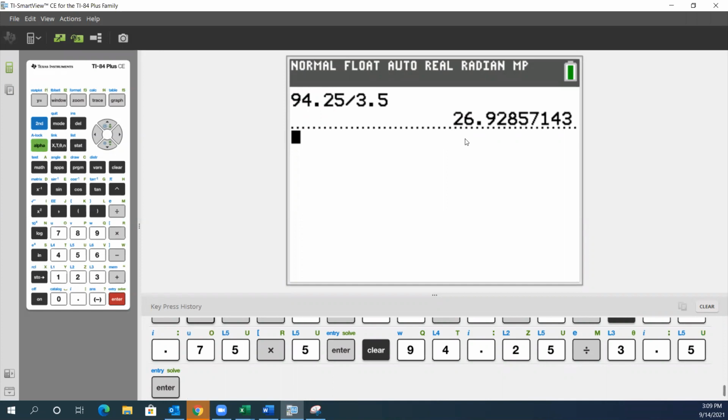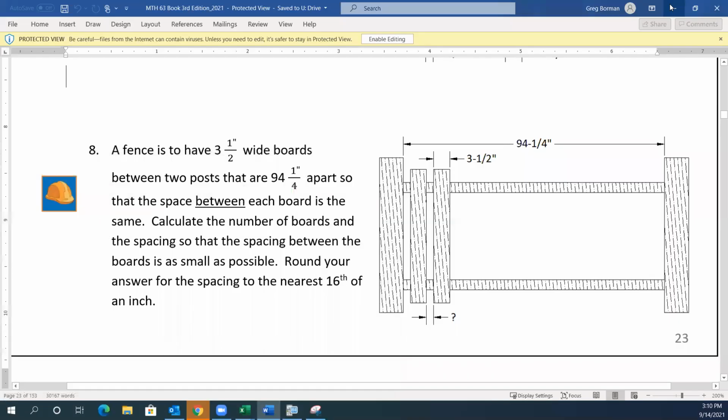Well, we're not going to do 0.9 of a board or 0.3 of a board. So we can get 26 complete boards, 26 complete pickets in between the 2 posts. And then we're not going to be able to fit another one in. But that's okay, because we still want a little bit of a gap between them because it looks better. Plus that way when there's a windstorm, it doesn't knock your fence down as easily. Okay, so we can get 26 boards in there.